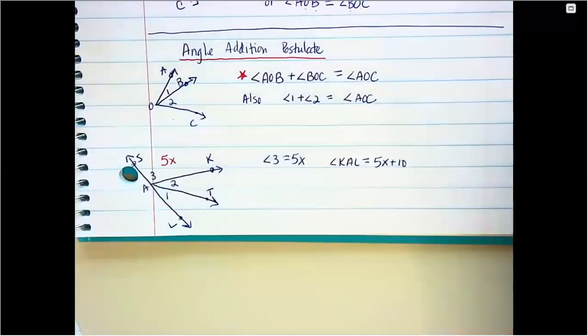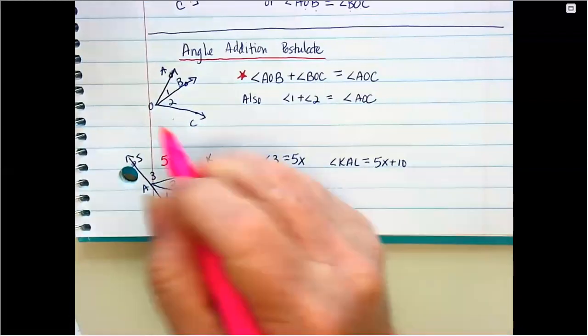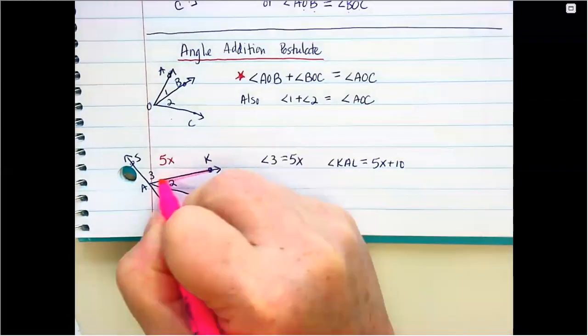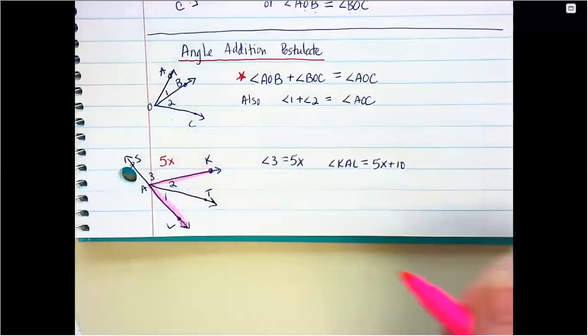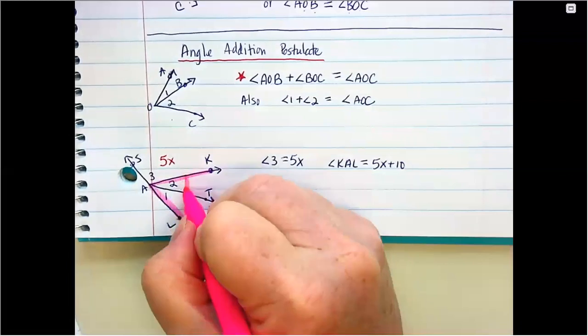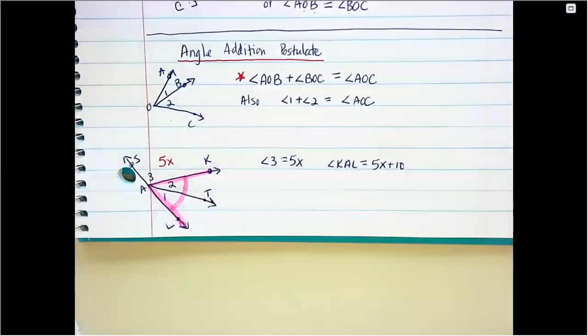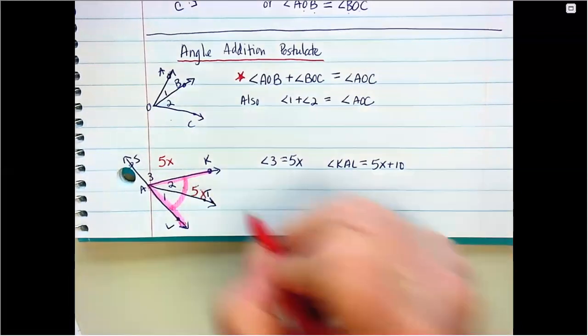And angle KAL, well, let's figure out where is KAL. It's kind of like a road map. We're going to start at K, we're going to go to A, and then we're going to go to L. So it's the angle that I've outlined in pink. It's this whole angle, the combination of angle 1 and angle 2. That's angle KAL. So we're going to label that to be 5x plus 10.